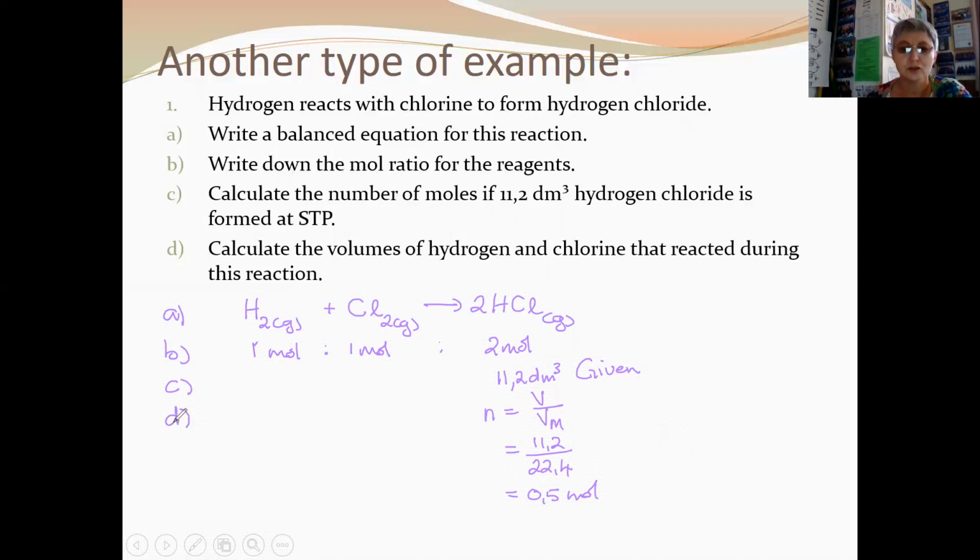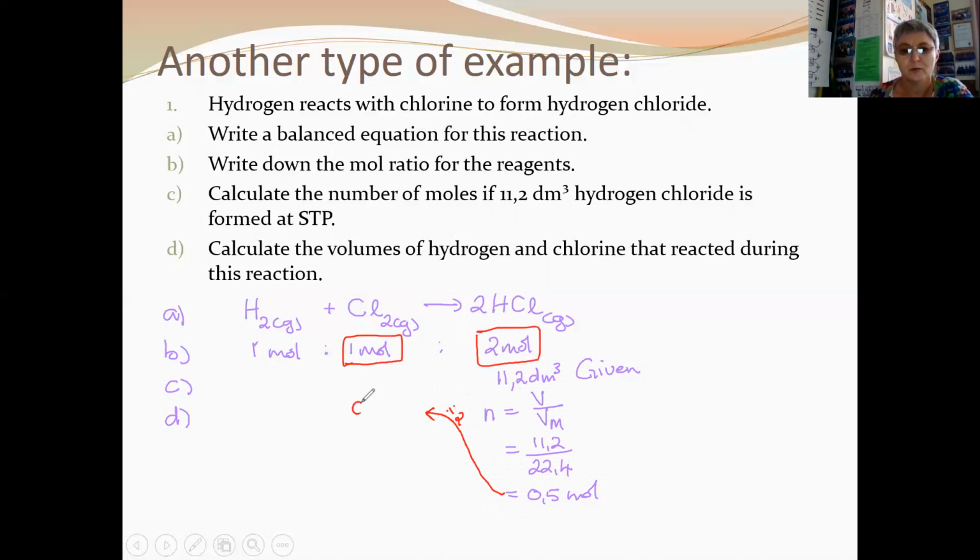I'm going to take the short way, or maybe I should take the long way. Let's take the long way first. This is the moles of hydrogen chloride formed. The moles of chlorine formed will be half of the moles of hydrogen chloride, because the mole ratio chlorine to hydrogen chloride is 1 to 2.